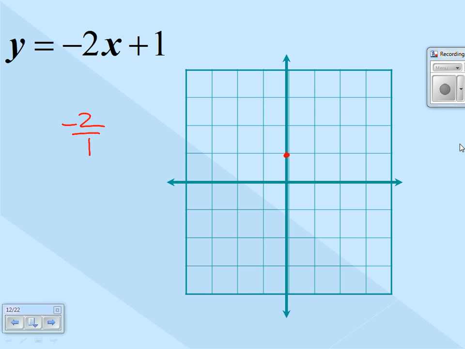So from the y-intercept, you would go down 2, right 1. Draw your other point. And then, as best as I could freehand, that's my line. Okay? So again, you should recall how to draw a line.